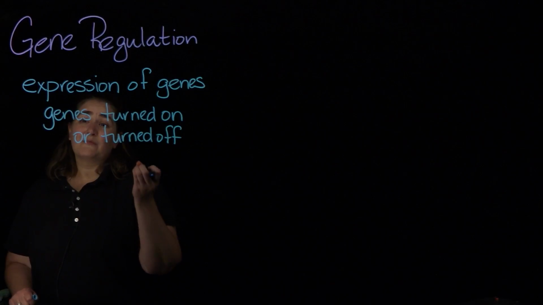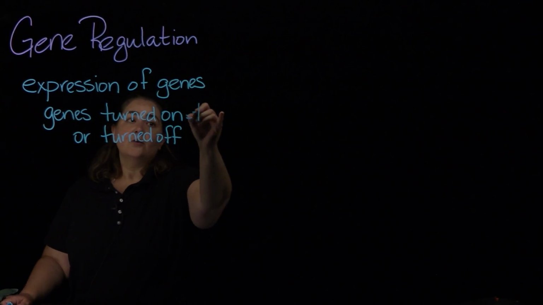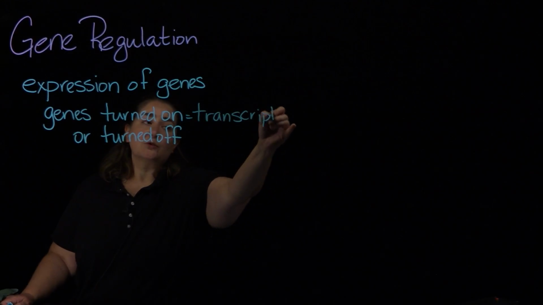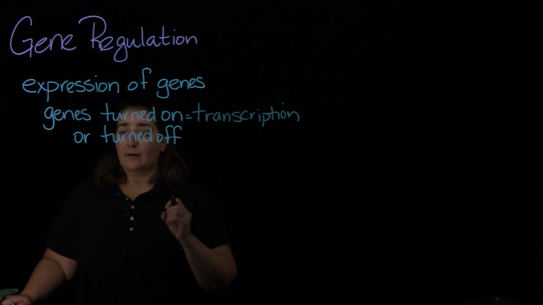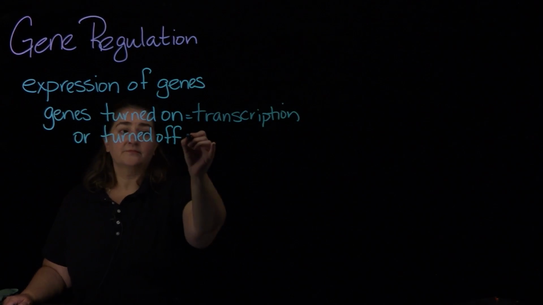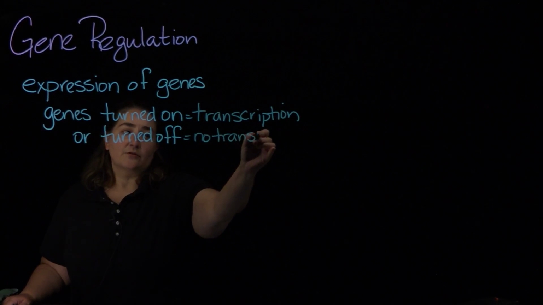That's what I mean when I say a gene is turned on, okay? When a gene is turned on, you have transcription that's going to happen. When a gene is turned off, we don't have transcription.